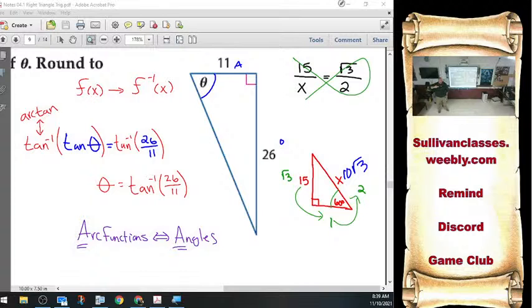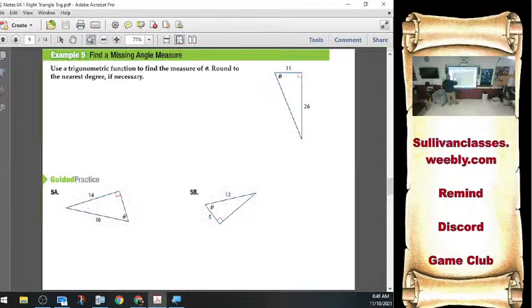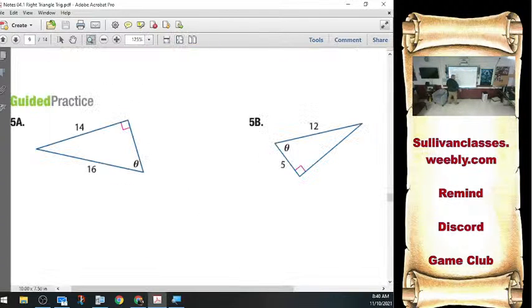Because cosecant is not the inverse of the function, it's the reciprocal of the value. And you start to get into semantics and arguing with yourself. So, nice and simple. Find out, do you have the sine, cosine, or tangent ratio? Use the arc function to get your answer.